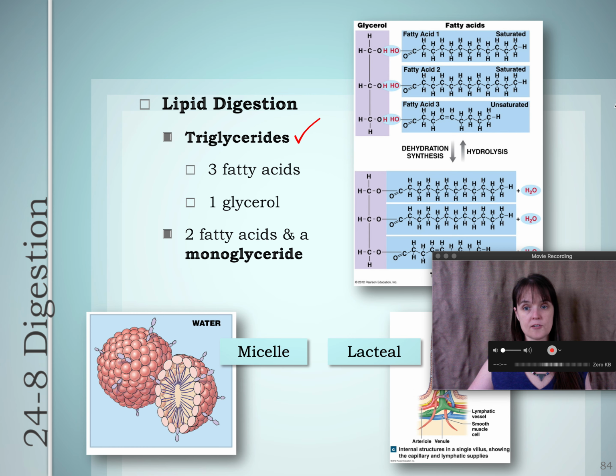And here's a triglyceride. You have a glycerol and then 3 fatty acids. Triglycerides are broken down into 2 fatty acids and 1 monoglyceride. So you could break these 2 off, and then you have 2 loose fatty acids and a monoglyceride.